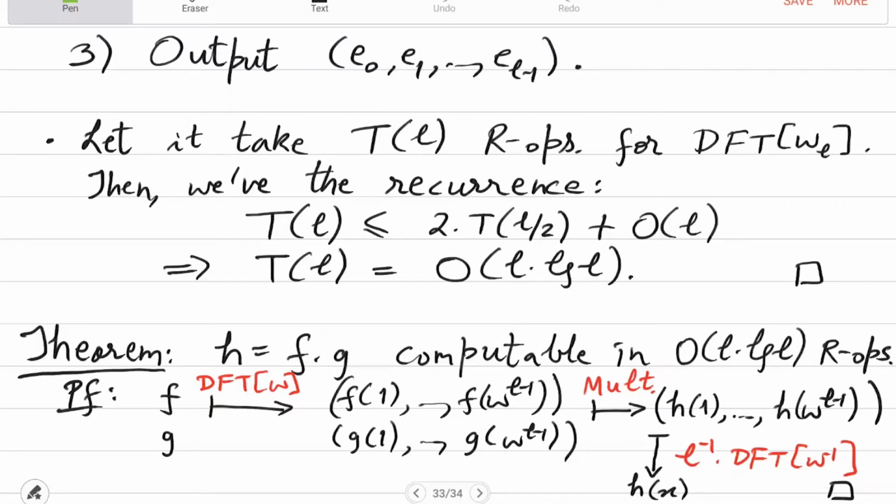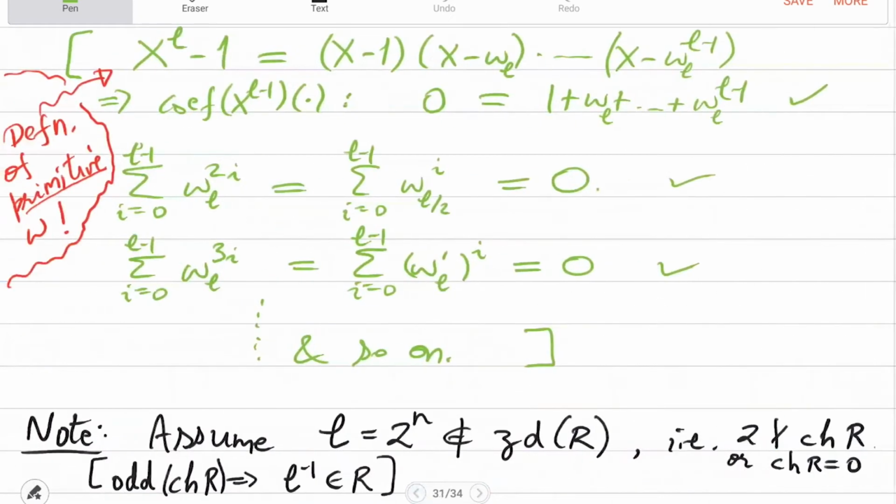What is a primitive Lth root of unity? So remember that what we need from omega are these equations, that the sum of omega to the i should vanish and so on. So I would say that if your ring is not the complex field, you should take the definition of primitive omega as this: omega is such that this identity holds.